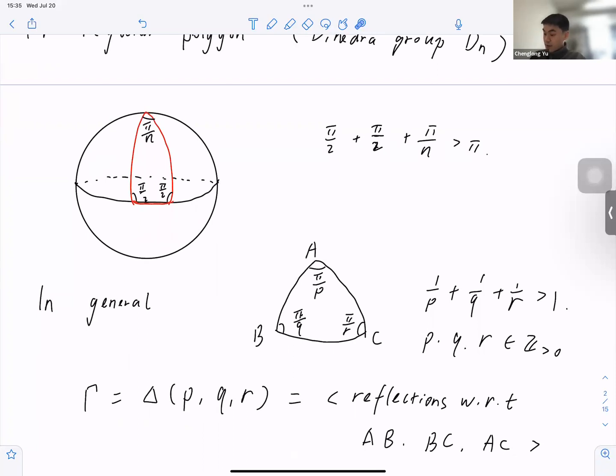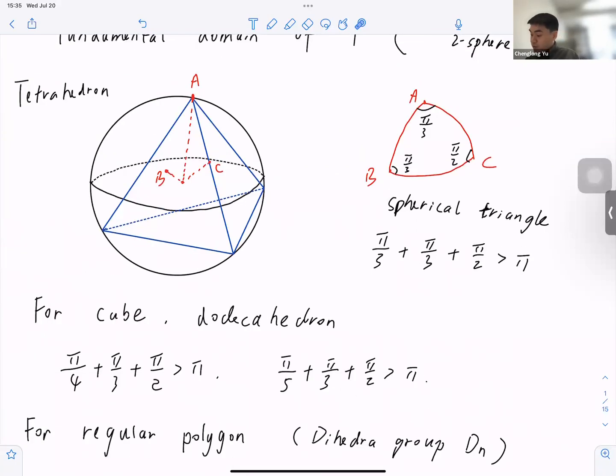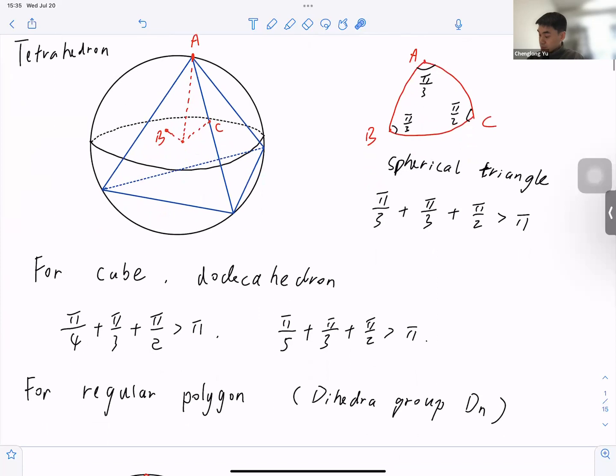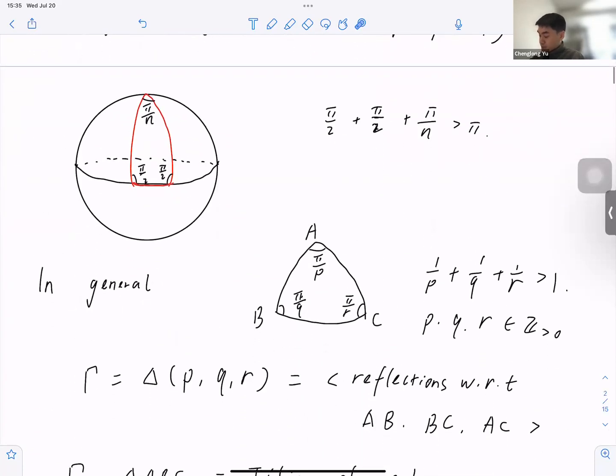So for example, in the first example for the tetrahedron, we can use 3 generators of reflections to generate the symmetry group of the tetrahedron. And the fundamental domain will be this triangle. So automatically from the classification, we know that in this case, this group is a discrete subgroup in O(3).